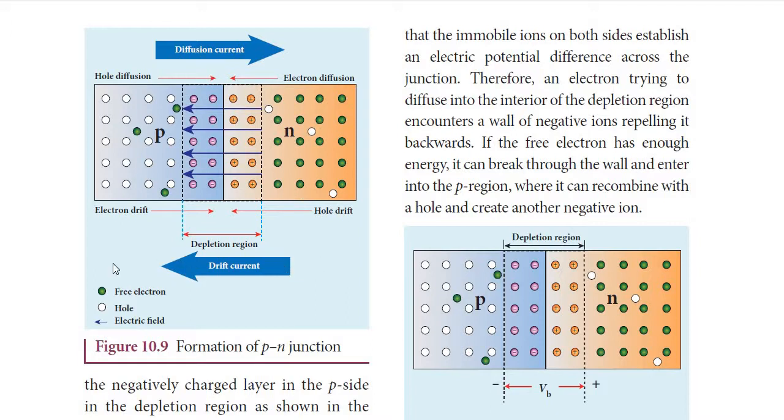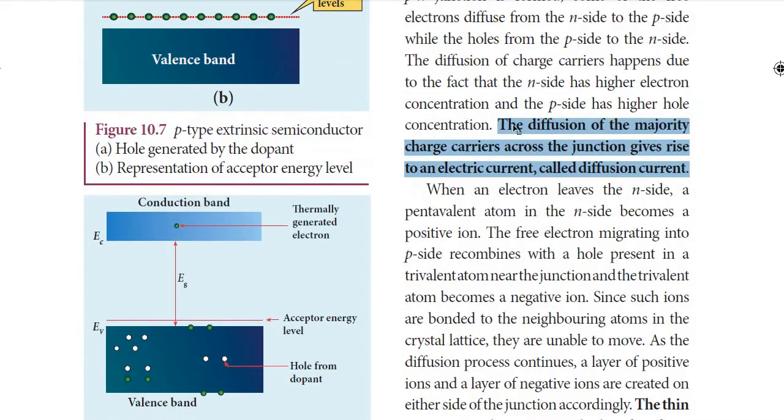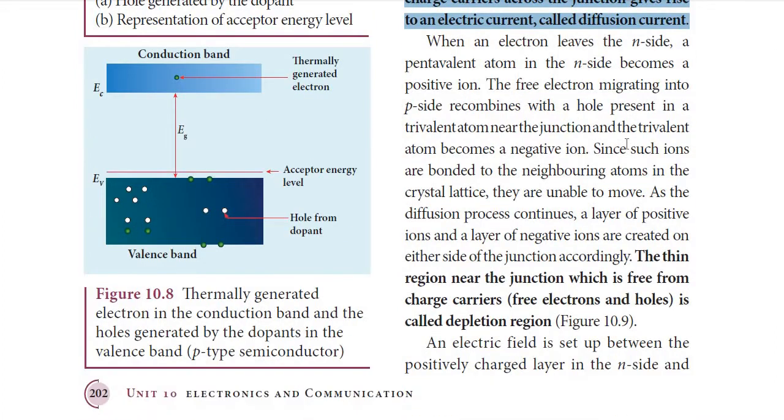In this other direction, right to left, this current is called the drift current. So the current due to the flow of majority charge carriers is nothing but diffusion current. That means diffusion of the majority charge carriers across the junction gives rise to an electric current called diffusion current.